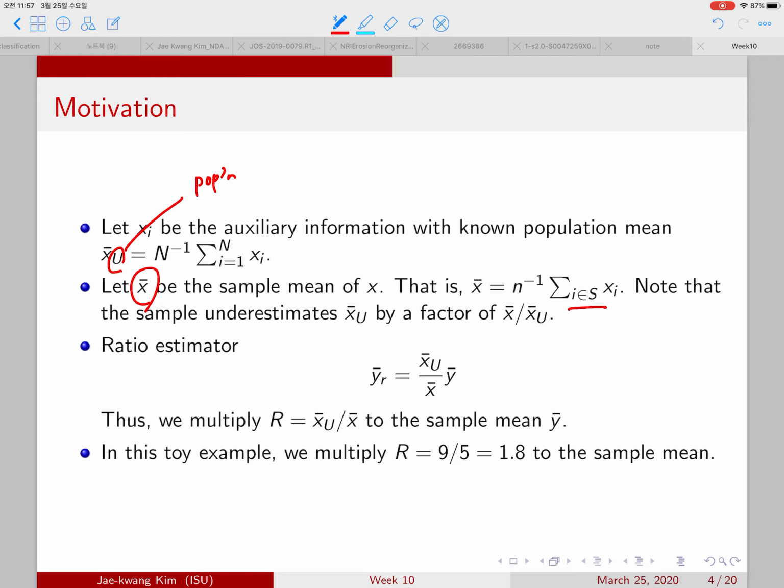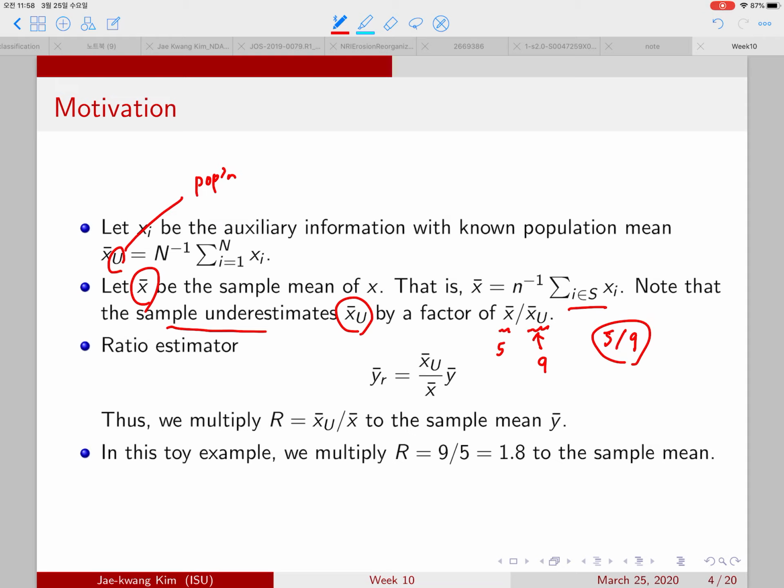So note that the sample underestimates the population mean by a factor of x bar over x bar u. In this particular example, that was 9, and this was 5. So the sample is actually this fraction, 5 over 9, of the true mean of the acres.